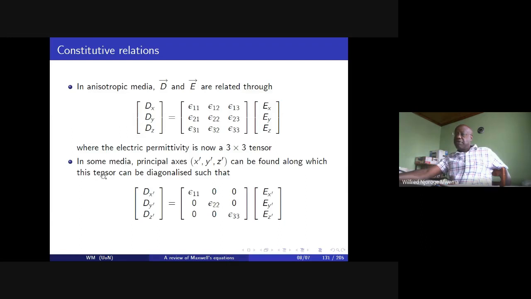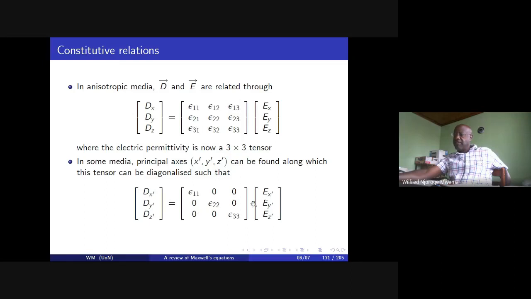In some media, we can always define a principal axis, just like those crystals that we used in high school that were giving us double refraction. We could always define principal axes, x prime, y prime, and z prime, which will diagonalize this particular tensor.